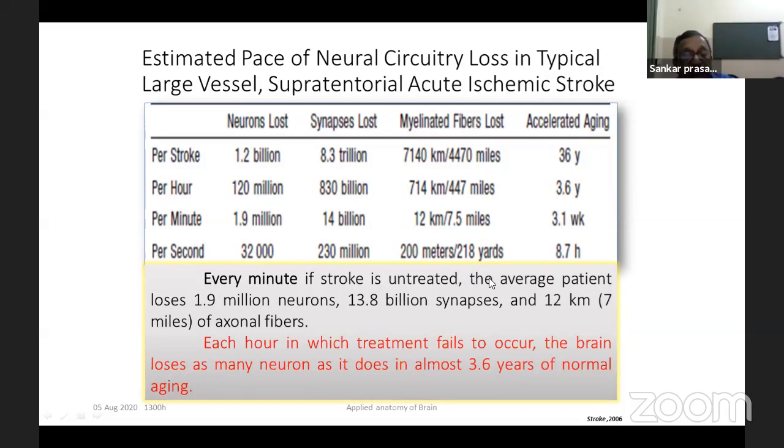So with this brief introduction and the stress on brain function, the oxygen and glucose requirements, the blood supply requirements, and identification of damage to the brain, we go ahead with the applied anatomy aspects of the brain.